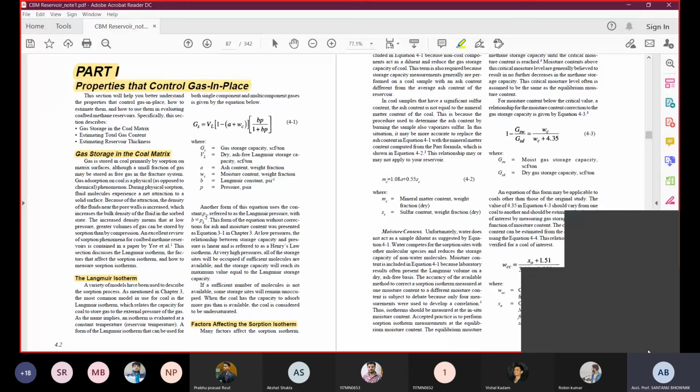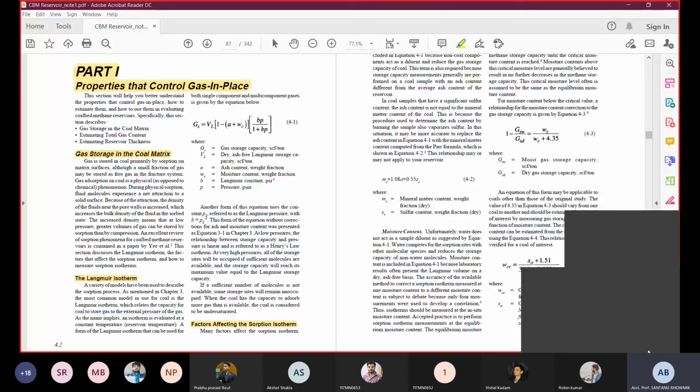So your basic equation for the gas storage capacity is GS equals VL into bP divided by 1 plus bP. If I am going to give it in terms of PL only, put b equal to 1 by PL, and then you will get GS equal to VL into P divided by PL plus P, in terms of the Langmuir pressure.